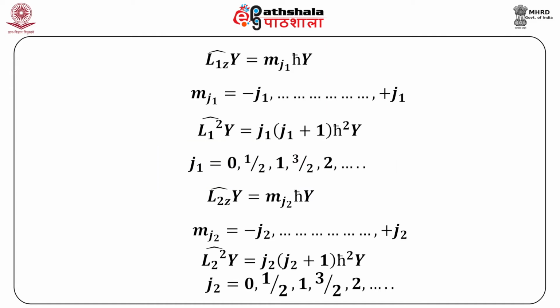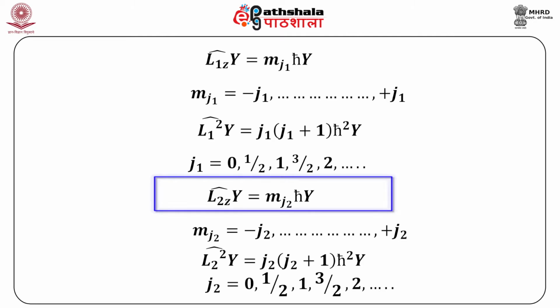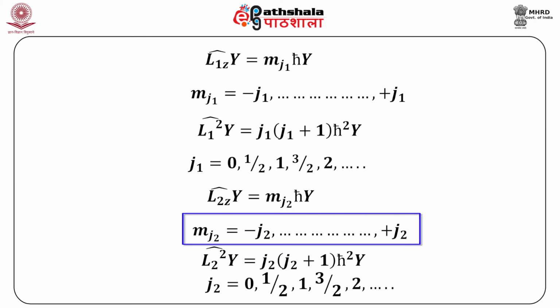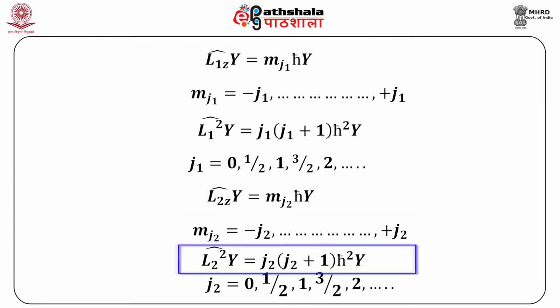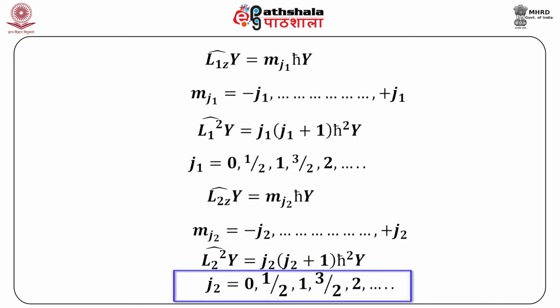Likewise, for electron 2, the Lz component becomes L2z ψ equals mj2 h cross ψ, where mj2 varies from minus j2 to plus j2, and the L square component becomes L2 square ψ equals j2 into j2 plus 1 h cross square ψ, where j2 varies from 0, 1 by 2, 1, 3 by 2, 2 and so on.